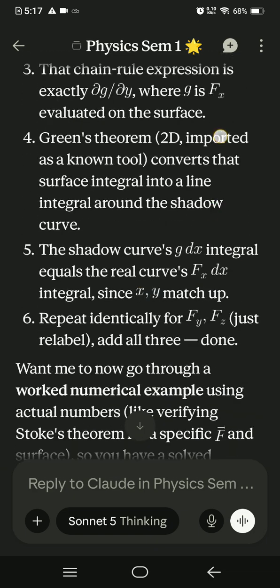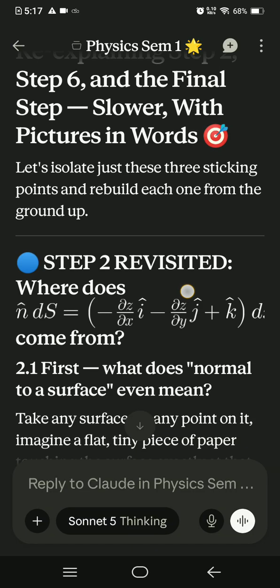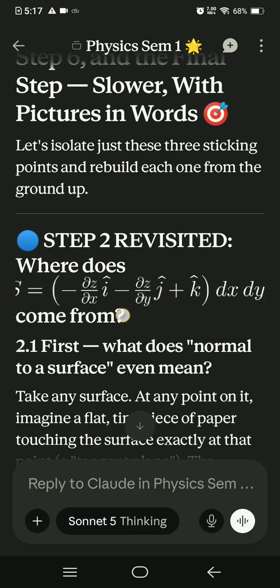Re-explaining step 2, step 6 and the final steps slower with pictures and words. So step 2 revisited, we have n dS equals this.